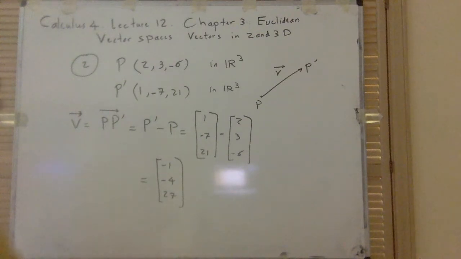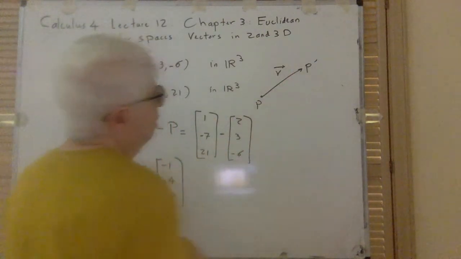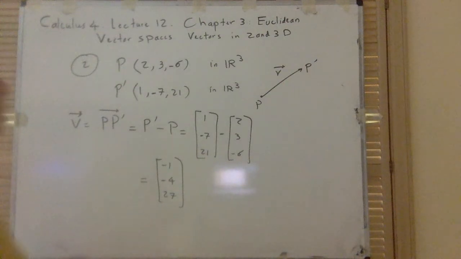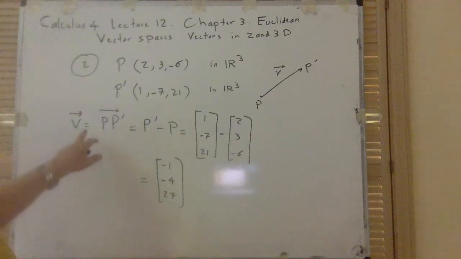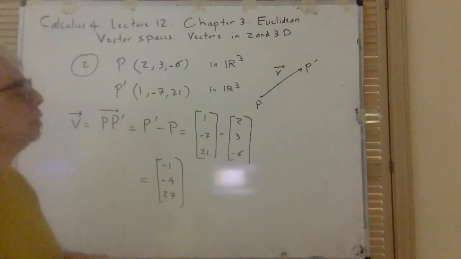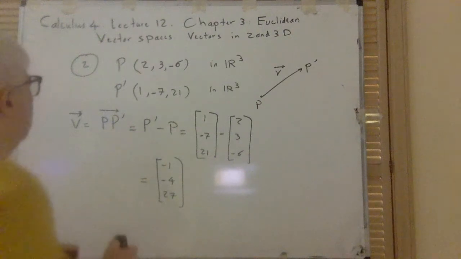So that is the translation vector, or PP prime. Now in physics, I think they don't distinguish between these two. They just say PP prime is V above. Okay, I guess that's all we can say in R2 and R3.